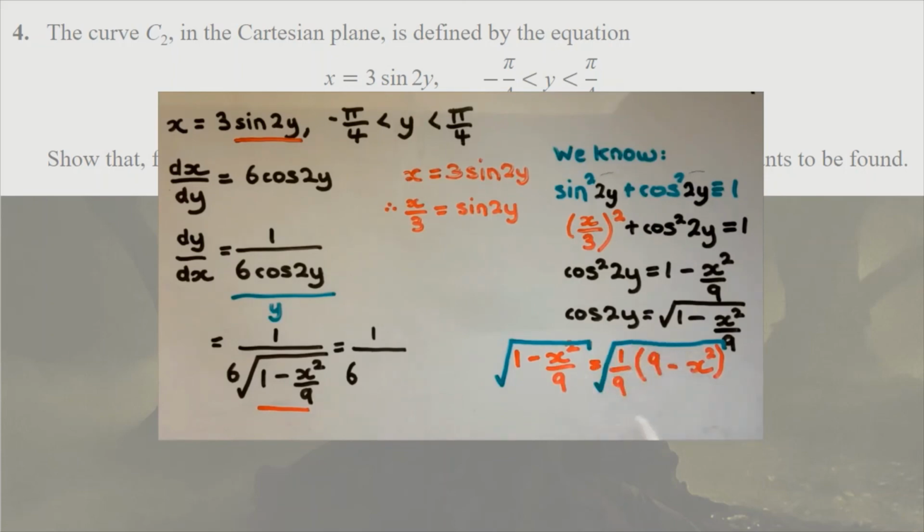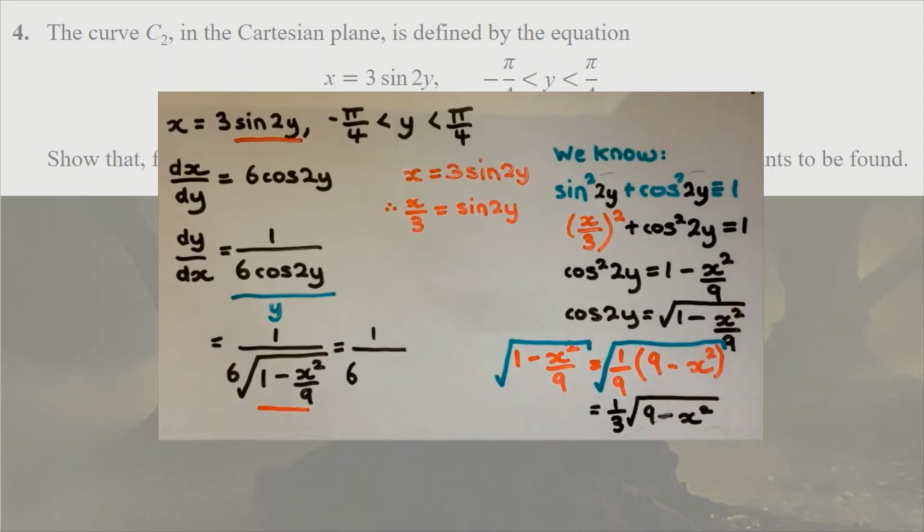And 1 over 9 has a rather nice root. I can write it as follows. So it's going to be 1 over 3 multiplied by the square root of 9 subtract x squared. So I can now say, well, all of this here I can just replace with 1/3 of the square root of 9 minus x squared.